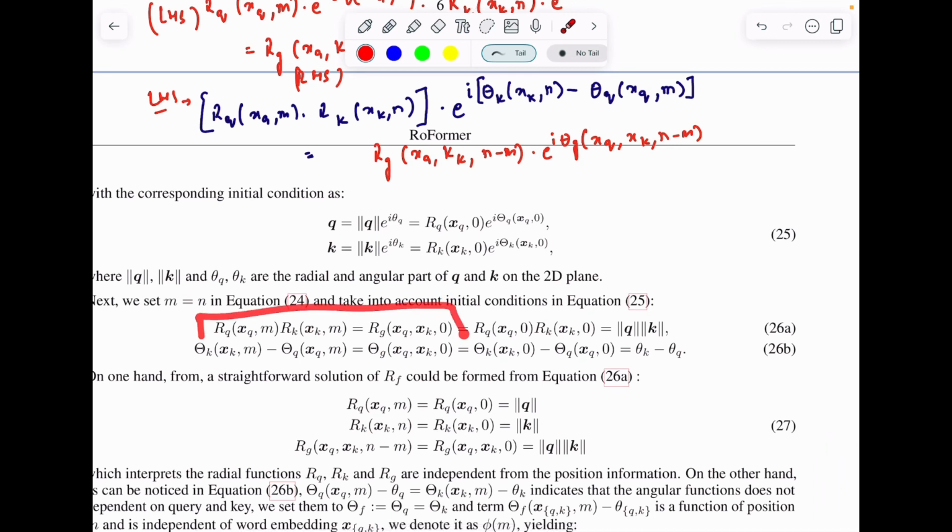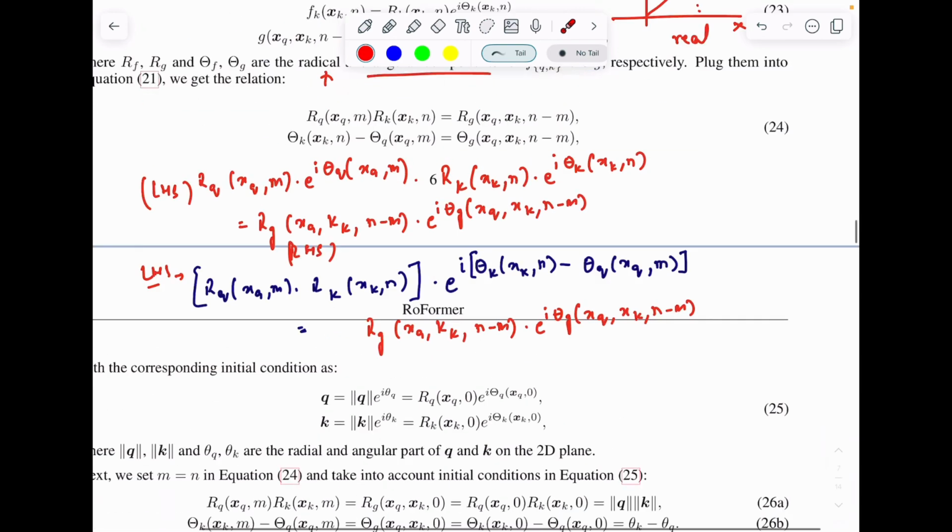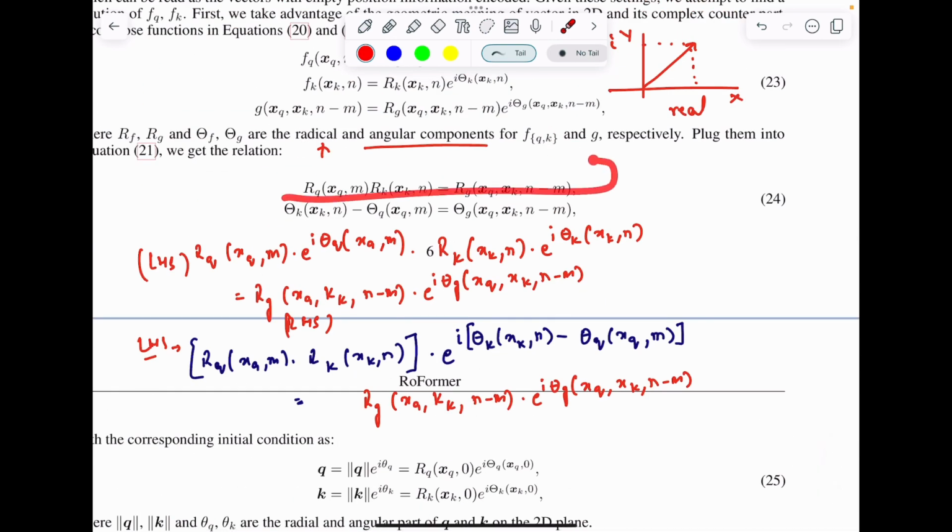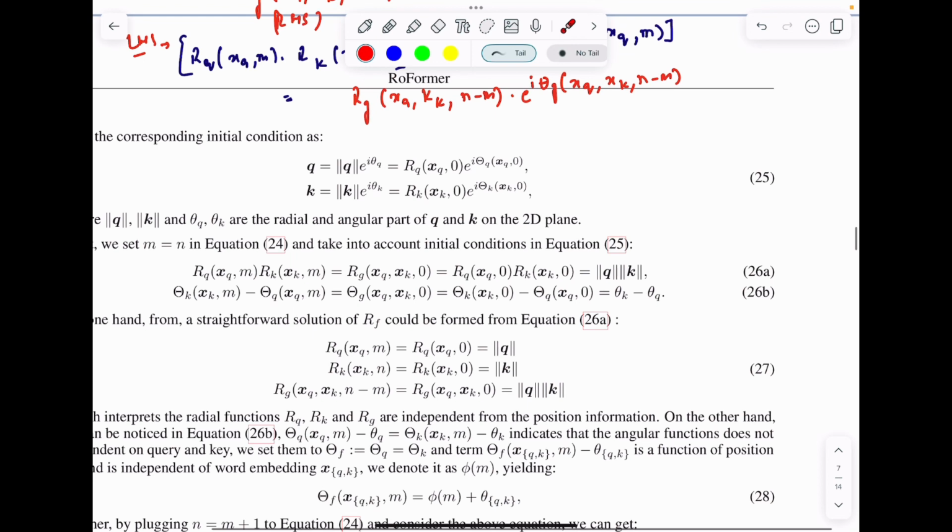So this particular part comes from the 24th equation, right? And then you equate it to RQ XQ0 and XQ0, because that's what we saw here also, that this comes from this particular equation. Once you have this, you can simply say that this becomes equal to q and k, right?